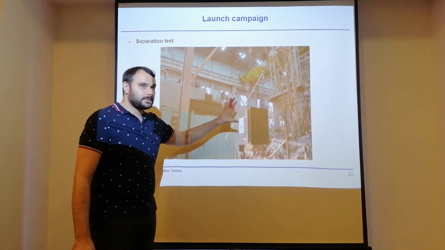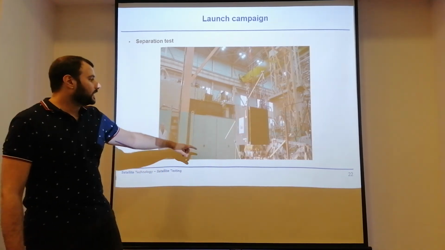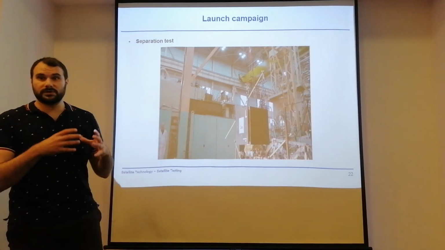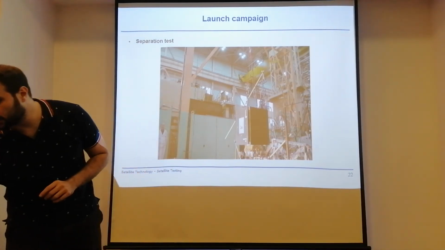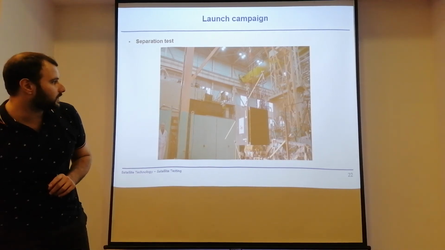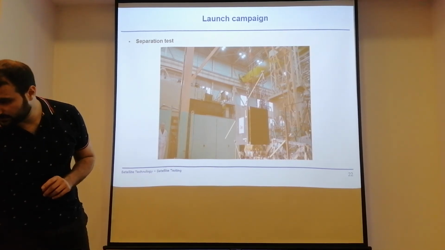which had the same shape and the same mass as Flying Laptop, and which is connected via the launch adapter, which is later on the same used with the rocket. And the separation was tested there, that everything works well, and we could acquire some measurement data.